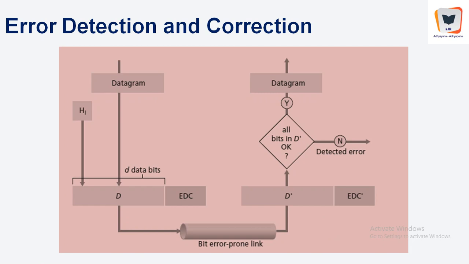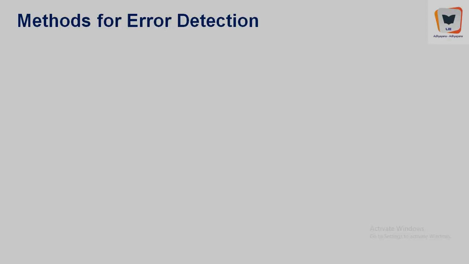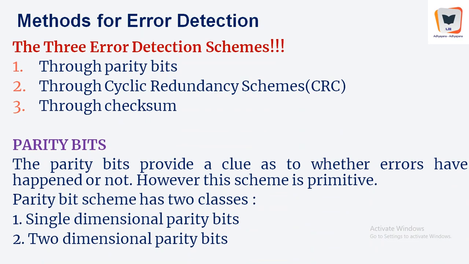More computation is needed to compute and transmit a larger number of error detection and correction bits. Of course, we limit our discussion only to error detection algorithms, and we will see how error correction takes place in our future tutorials.